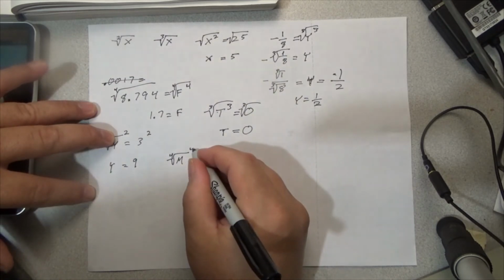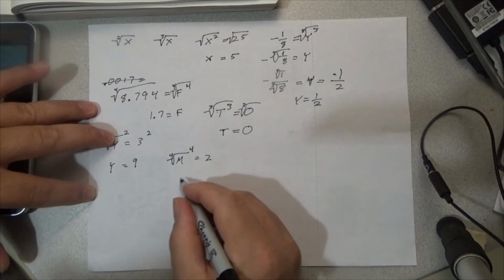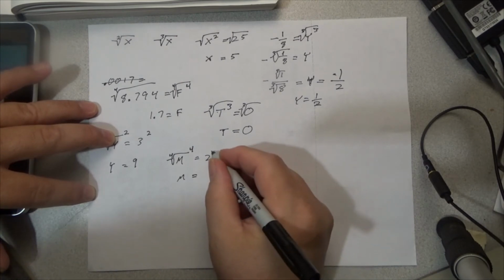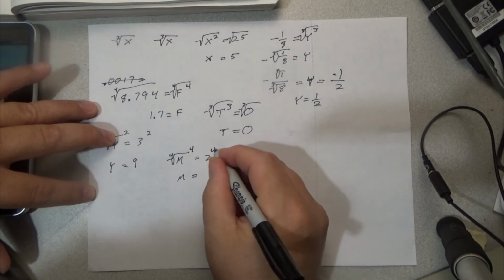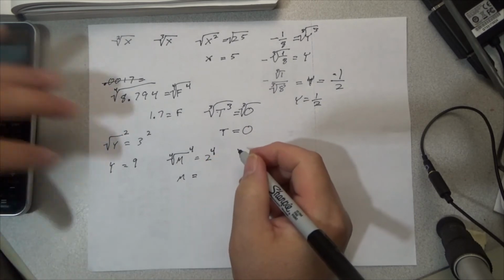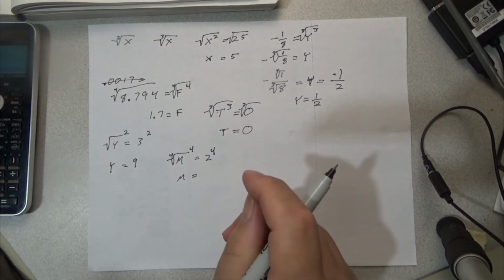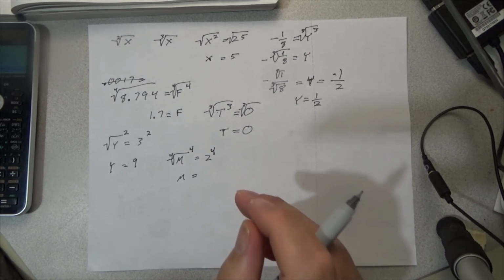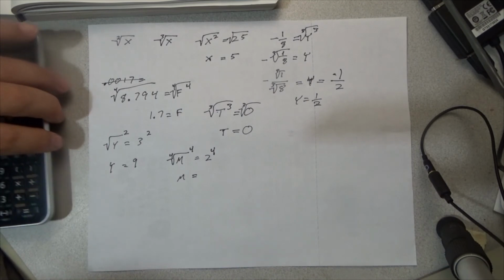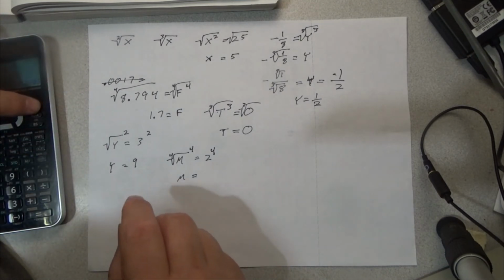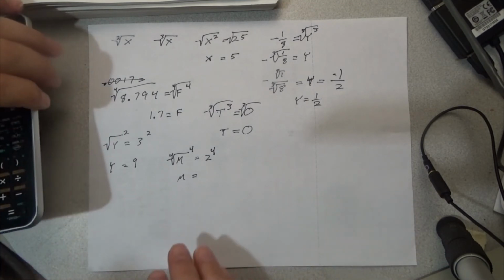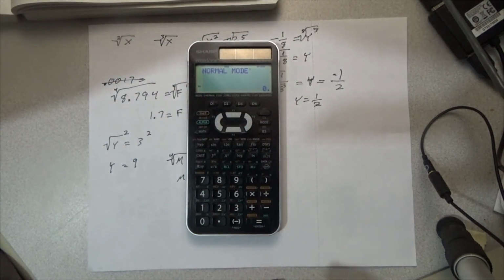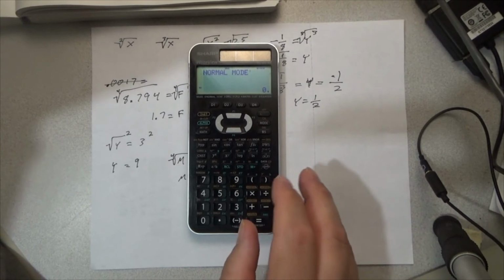So I'm raising that to the fourth power, so that gives me m on this side. And I'm raising 2 to the fourth power as well. Now, in your calculator, you can just say 2 times 2 times 2 times 2 if you want to. That's okay. However, to use the calculator properly, what if it's raised to something ridiculous like the 30th power? You don't want to keep doing all that.